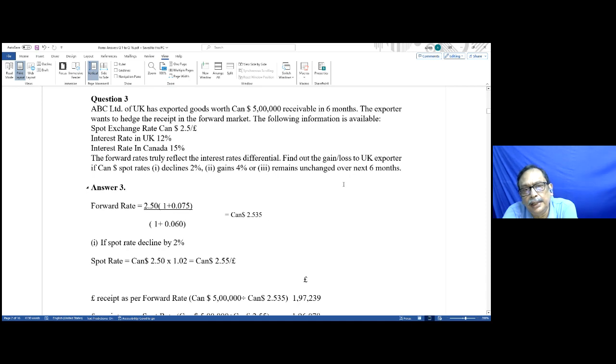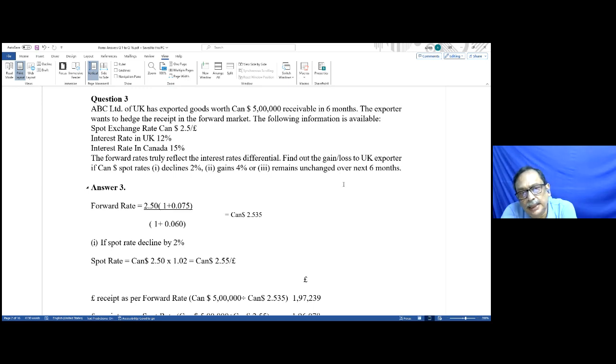We are coming to our next question. ABC Limited of UK has exported goods worth Canadian dollar 5 lakh receivable in 6 months. The exporter wants to hedge the receipt in the forward market. The following information is available.